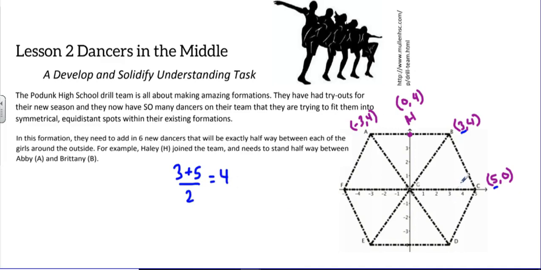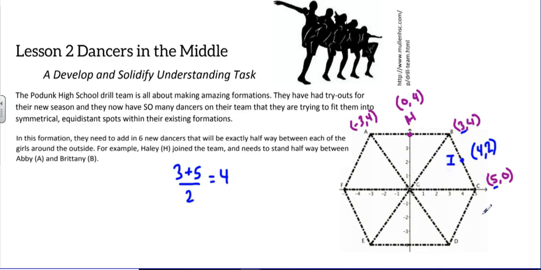So I know that the x coordinate, the horizontal distance, is going to be over 4 because that's the number right between 3 and 5. So then vertically I want to find the average between 0 and 4 because I want to find the middle, which we know is going to be 2. So that means Isabella's coordinates are over 4 and up 2, and that's where we'll put Isabella.